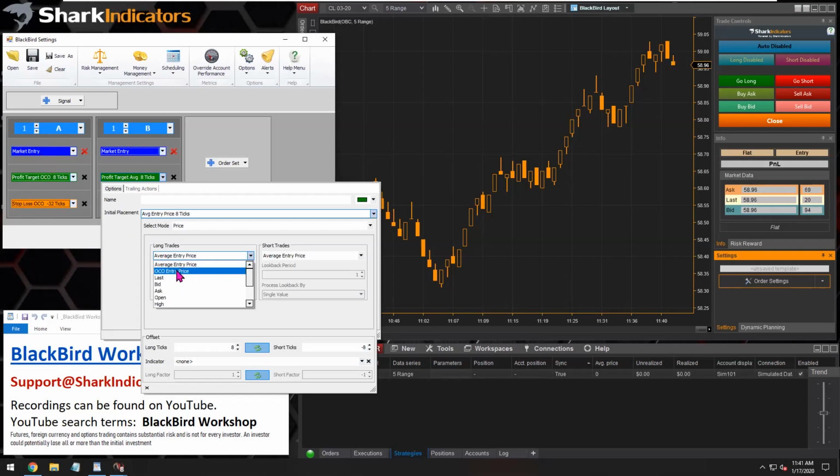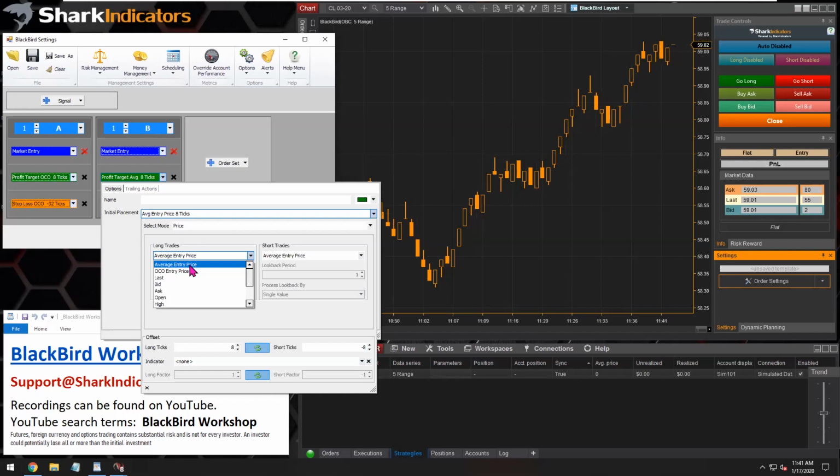All right. So just think of the OCO entry price as the localized entry price for that order set, and then the average is the calculated average across multiple order sets. However many order sets you have going, and you're scaling in at different prices, this average will keep recalculating that averaged entry price.